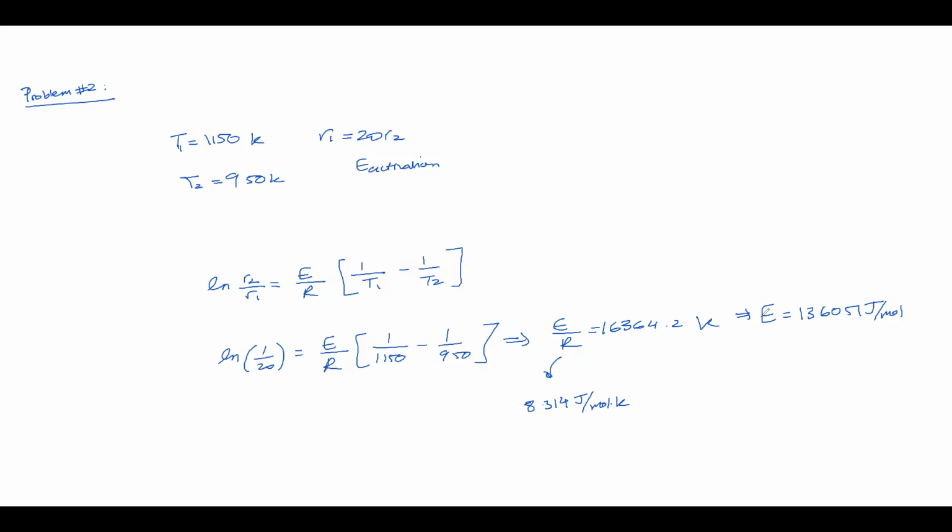So E, or the activation energy, has units of joule per mole, and you can always write it as kilojoules, so it will be 136.051 kilojoule per mole. Okay, and this is the answer for problem number 2. Again, very simple problem. You just need to not confuse yourself with these types of simple scenarios. Okay, let's move on. Let me share the screen again.